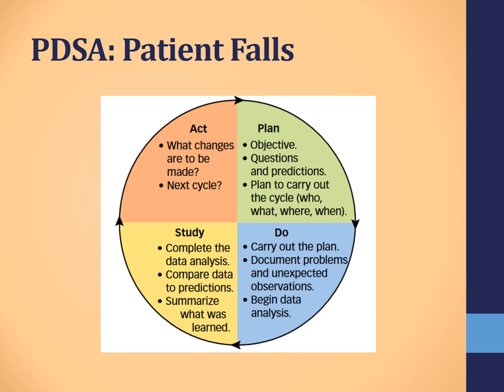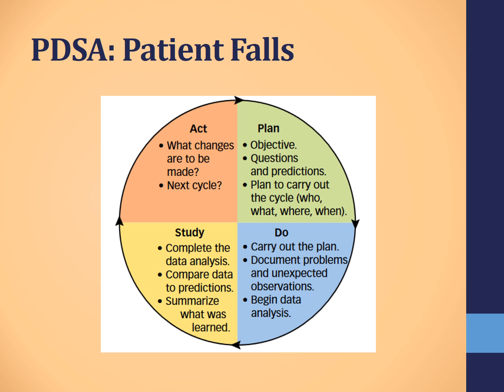Now the Act phase is where we were going to determine whether there were changes that needed to be made to either the process of rounding, the logs themselves, or follow up with staff if education needed to be reinforced. And as we decided on any sort of changes, we would then begin again with the Plan phase, and that would be the next cycle that we would be introducing.